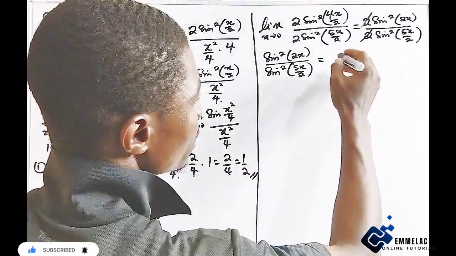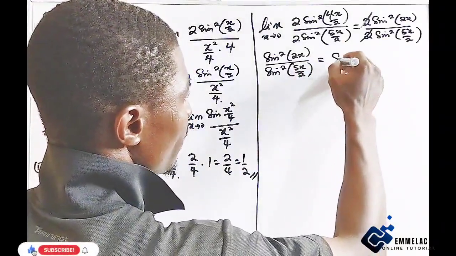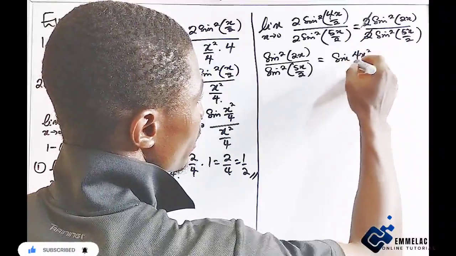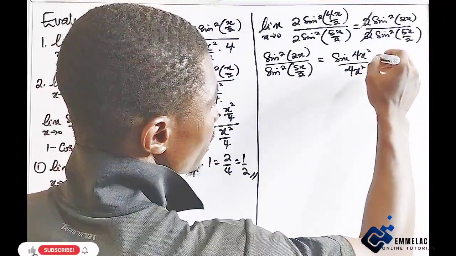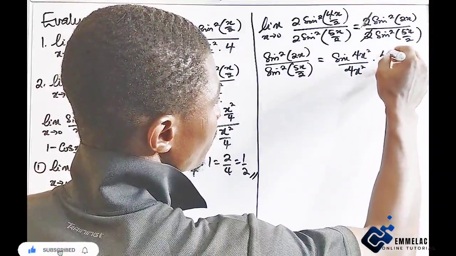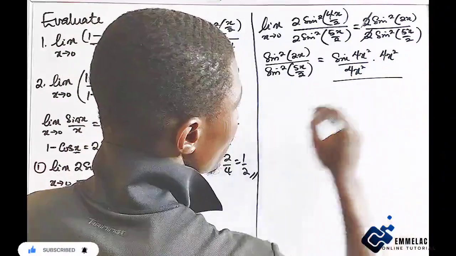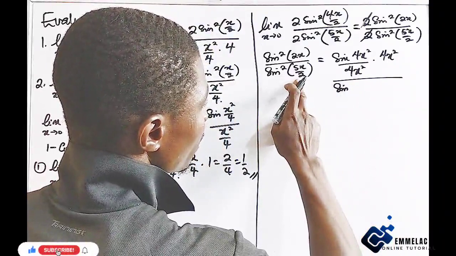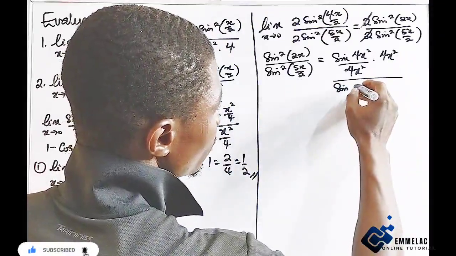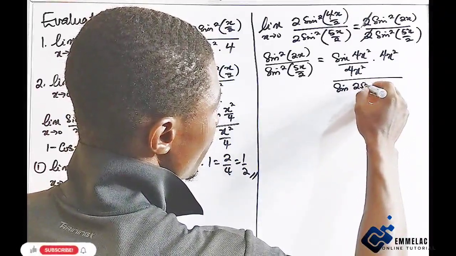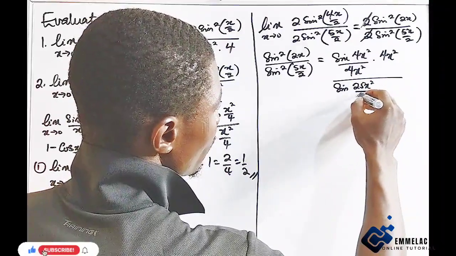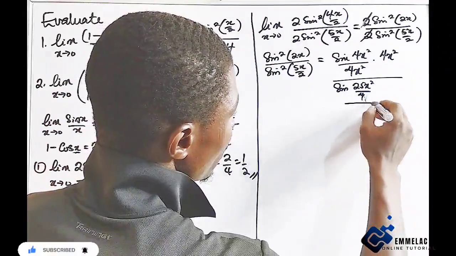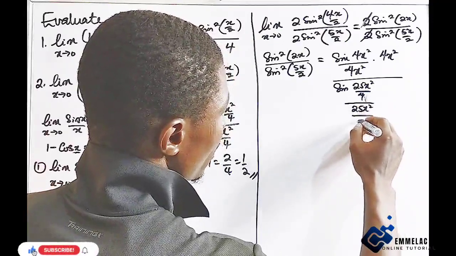Now at this point, take note, this is the same as saying sine 4x square all over 4x square times 4x square, then all over sine 25x square all over 4, then all over 25x square all over 4.